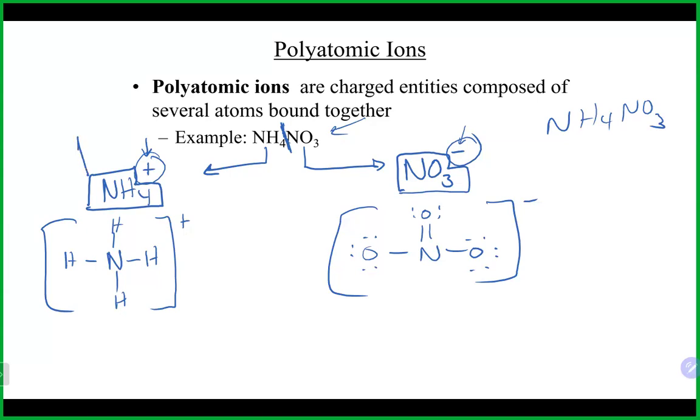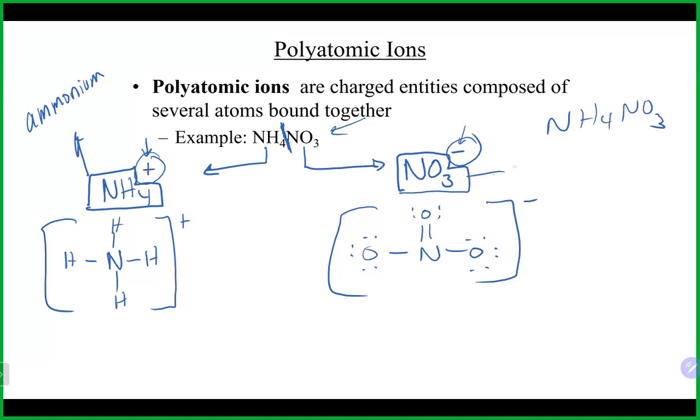This is what is known as the ammonium. Not, by the way, not ammonia, which is NH3, no charge. This is NH4 +1, ammonium. Again, oftentimes confused with ammonia, which has no charge and one less hydrogen.